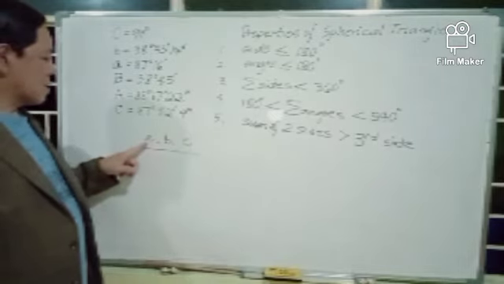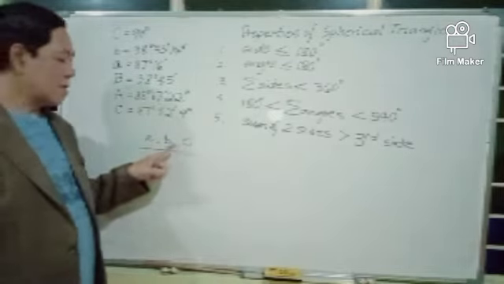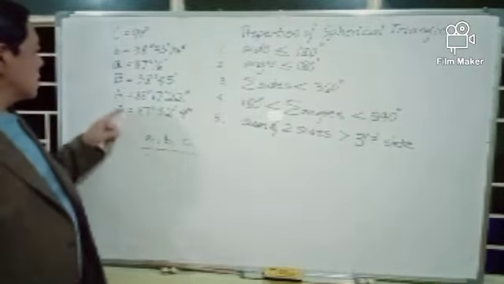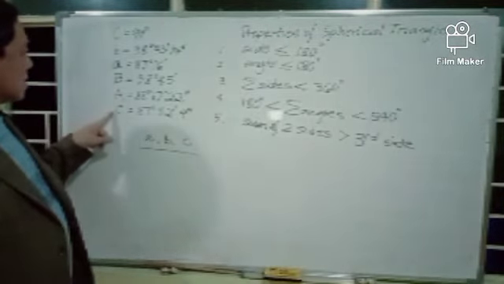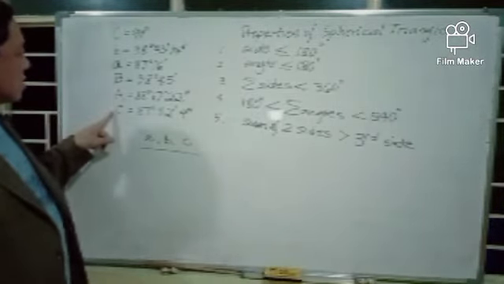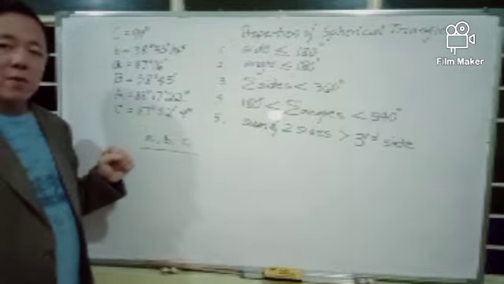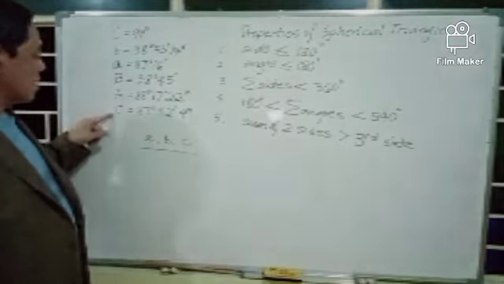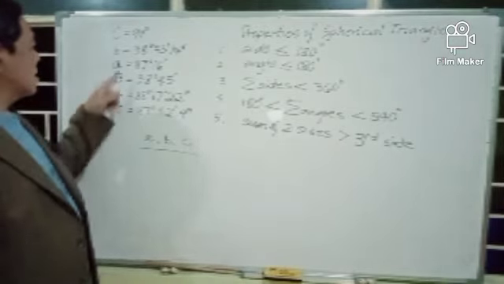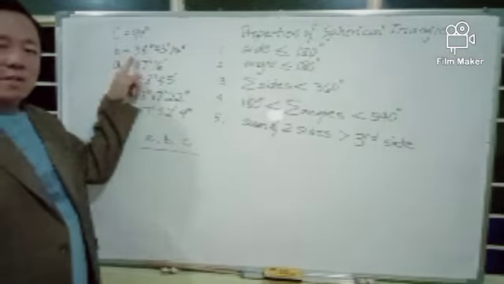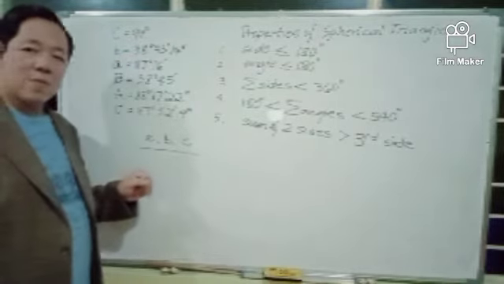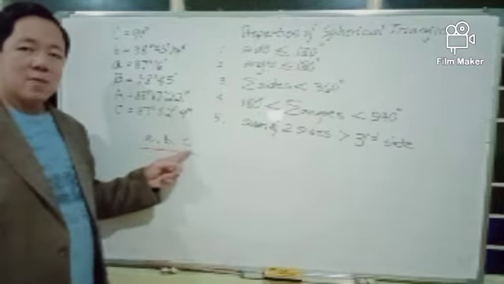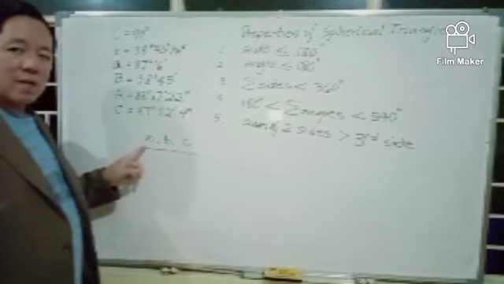Also, the sum of the sides A and C, A plus C, is greater than the third side B. We check 87 and 87, that's approximately 174 degrees, and that is greater than B, 38 degrees. And lastly, the sum of the sides B and C, B plus C, is greater than small a.